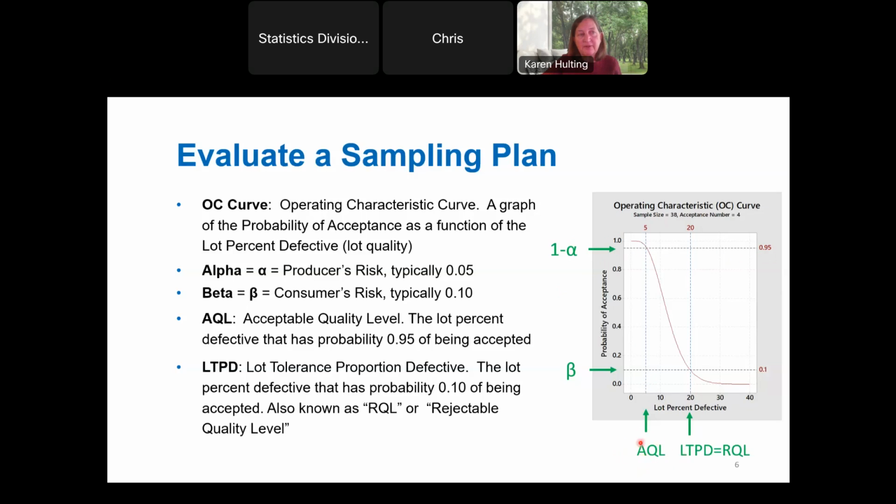It's actually the definition of the AQL, or acceptable quality level. And so that alpha value determines what the AQL is, and the AQL is just the value on the x-axis where that OC curve has dropped to 1 minus alpha.